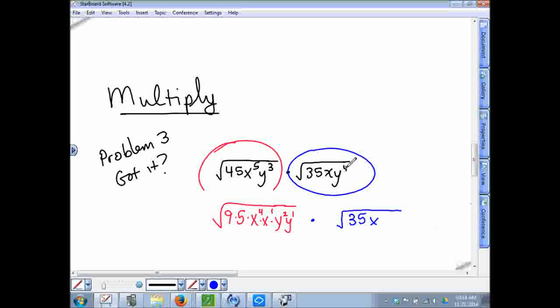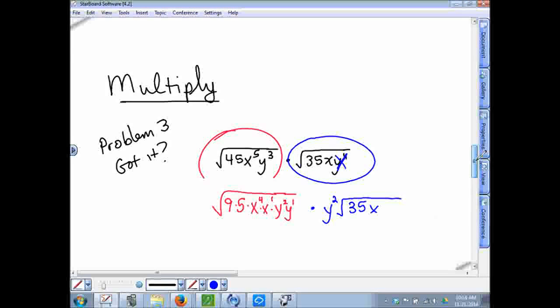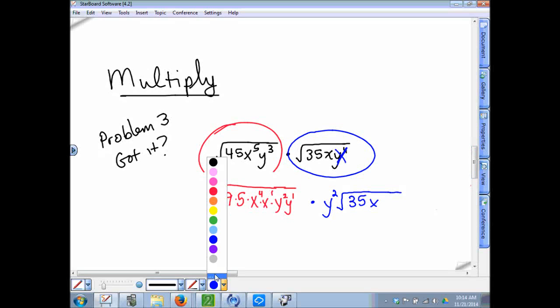What's the square root of y to the 4th? I'm going to go ahead and just put a y to the 2nd there automatically. So we've already simplified the blue one. Let's go back and simplify the red one here. What happens to the 9? 3.